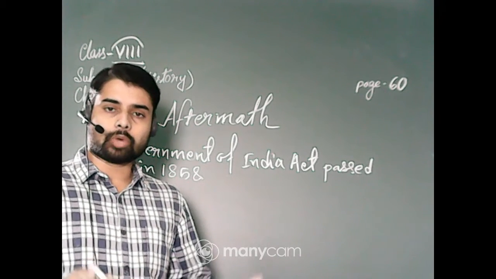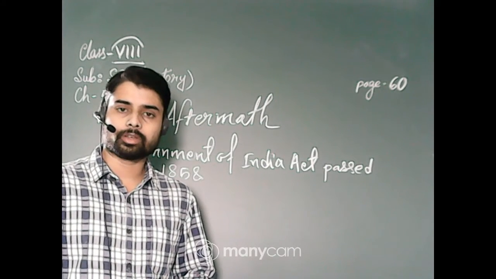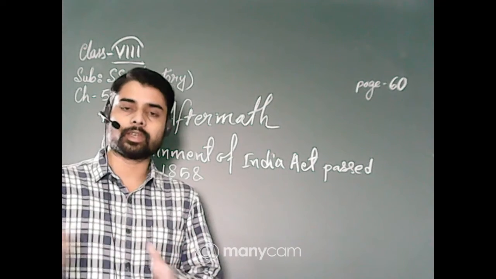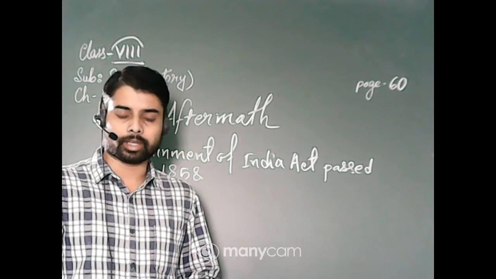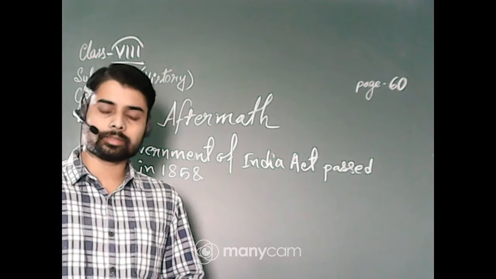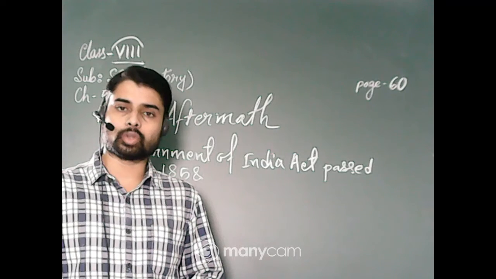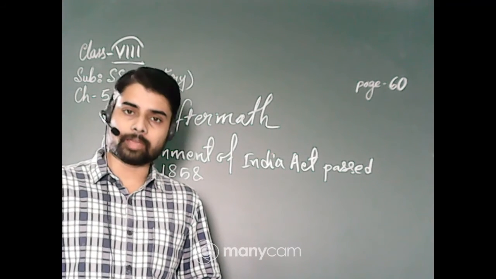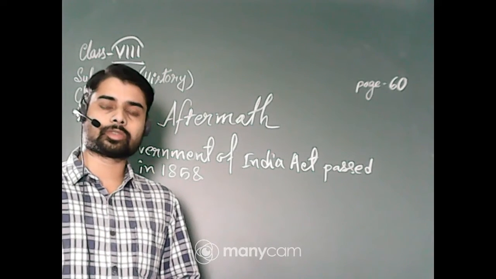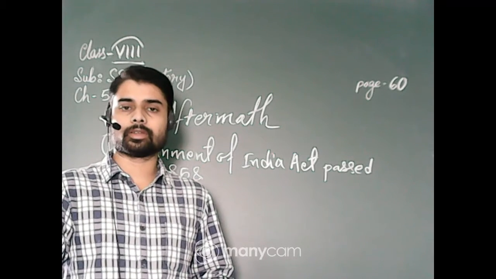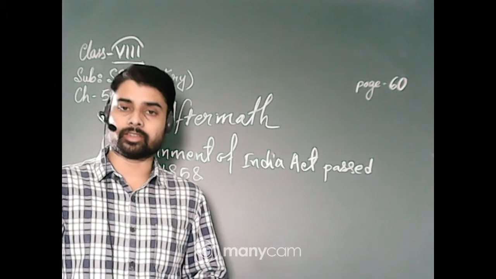Number 3: the proportion of British soldiers among the various Indian troops in various cantonments also increased. They were looking forward to recruiting soldiers from tribal groups, as well as groups situated outside the Gangetic Valley.